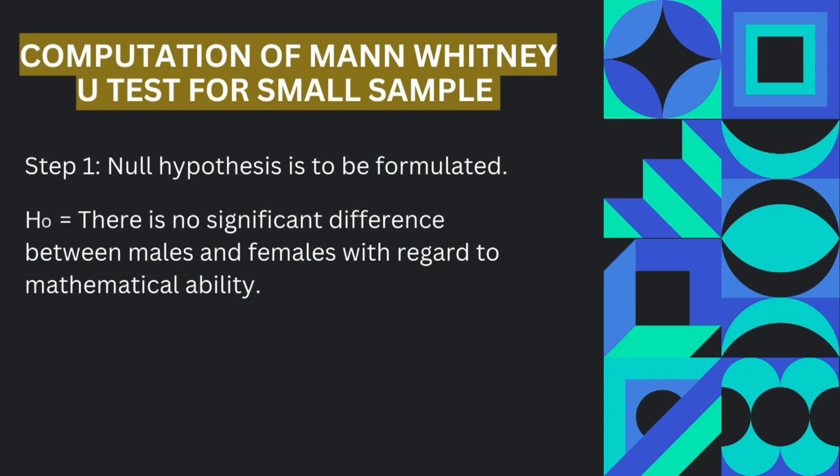So, the first step of this Mann-Whitney U-test is to formulate the null hypothesis, and the null hypothesis for this particular example can be formulated like this: there is no difference between males and females with regard to mathematical ability. And what would be the alternative hypothesis? There would be a significant difference between males and females with regard to mathematical ability. This would be the alternative hypothesis. So, now let us talk about step number 2.